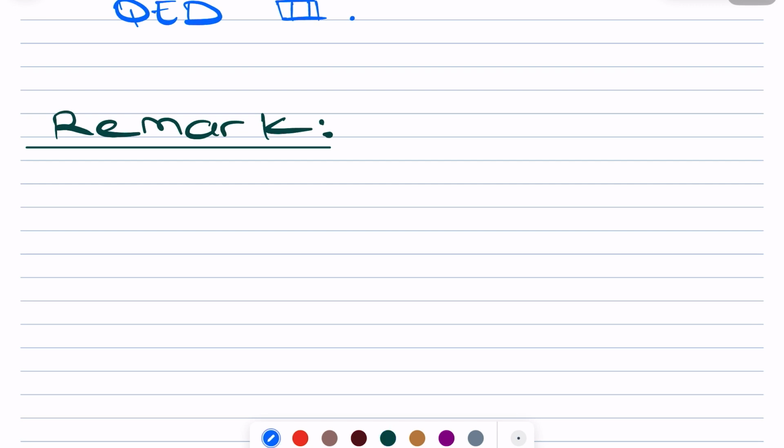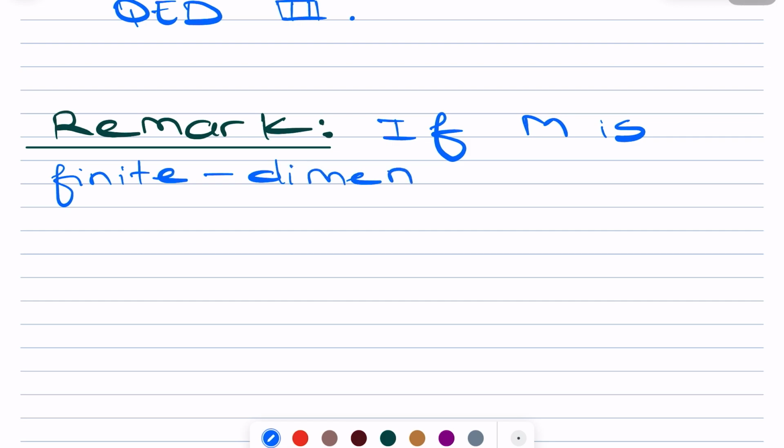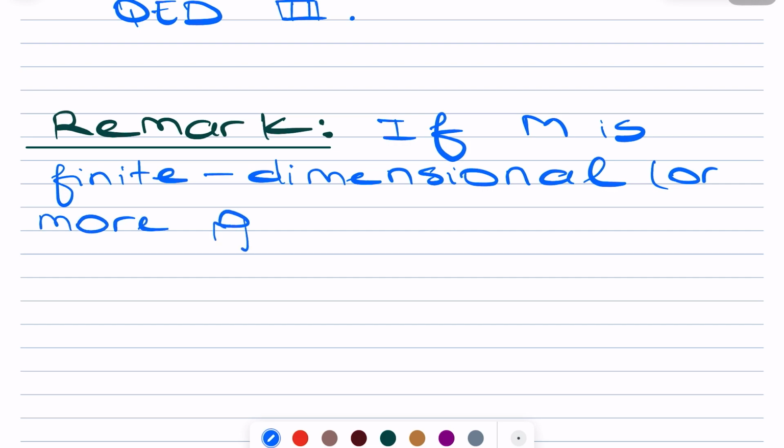So remark: if M is finite dimensional, then it is automatically reflexive.